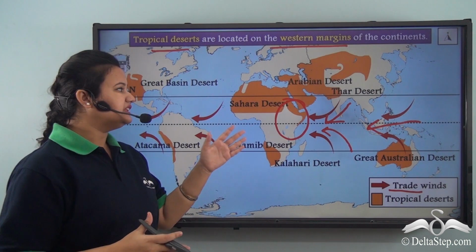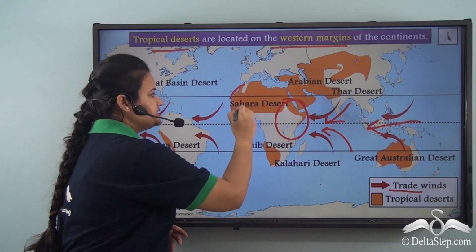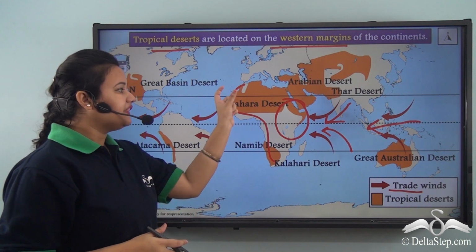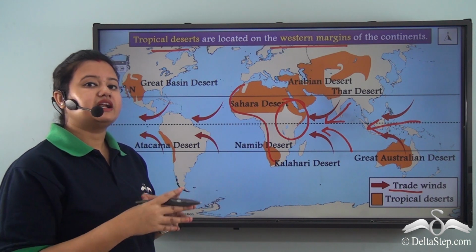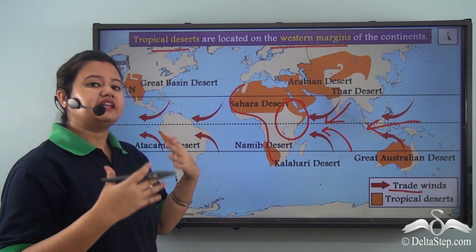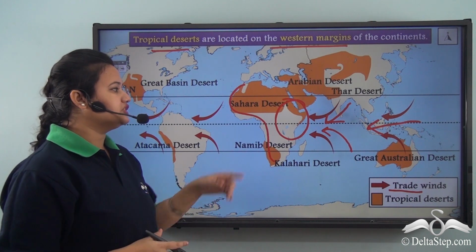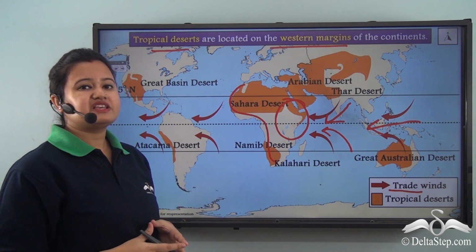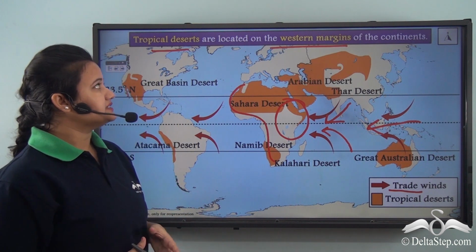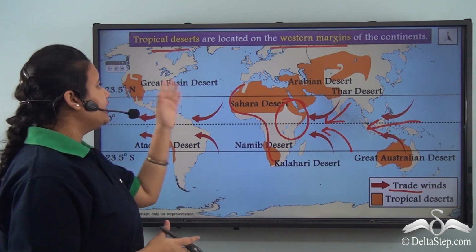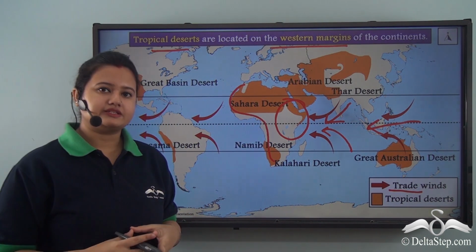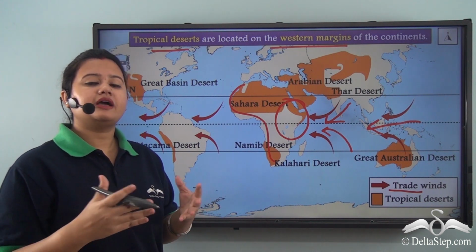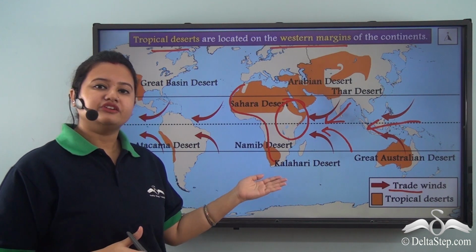Now, by the time these winds reach the western boundary of the continent, they become dry, and therefore the western part of the continents are comparatively drier, and eventually they have evolved into a desert. So, due to the presence of trade winds, we find that the tropical deserts are located mostly at the western sides of the continents. Now, apart from these trade winds, let us know about other climatic conditions of these regions.